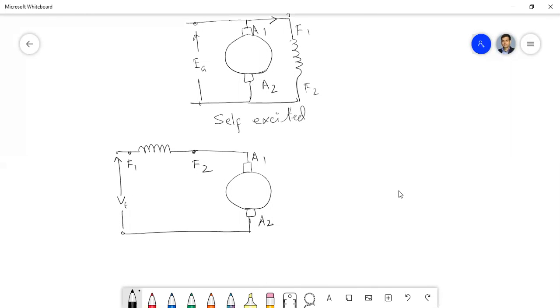In that case, the armature coil and field coil will be connected in series. But here the problem is there should be some load, otherwise the field will not be active. Here we should have the load. Here it can run without load.